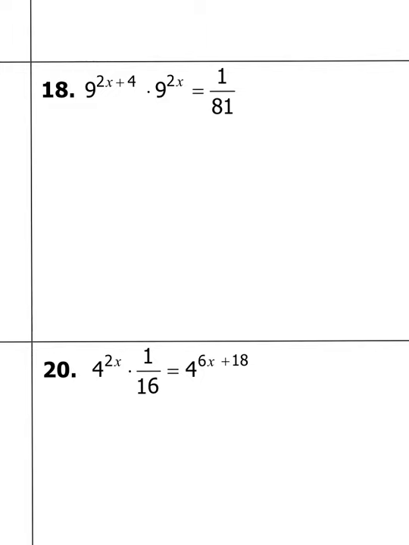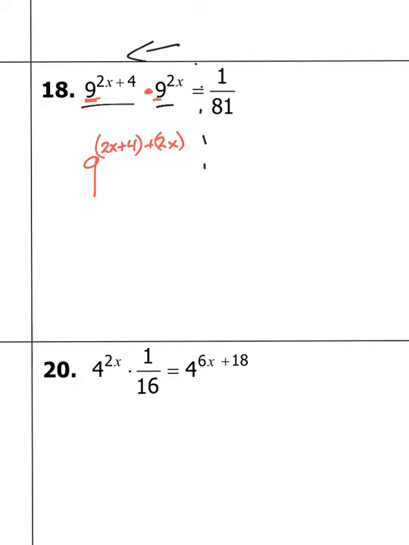All right, for 18, this is a little bit different because on the left side of my equation, I have two terms. How could we combine them? Well, luckily for us, they both already have the same base, which means if you have like bases and you are multiplying, what do we do with the exponents? Hopefully everybody's saying this together: you're going to add the exponents.